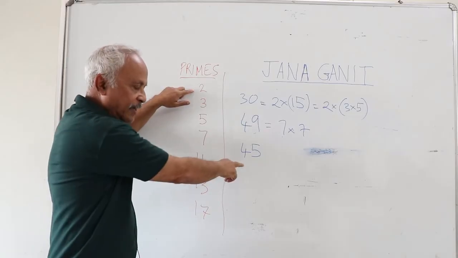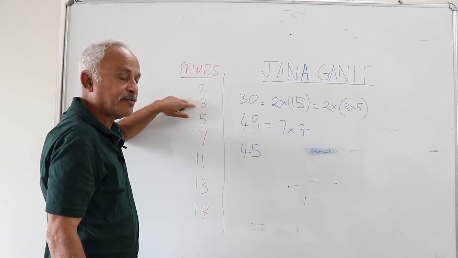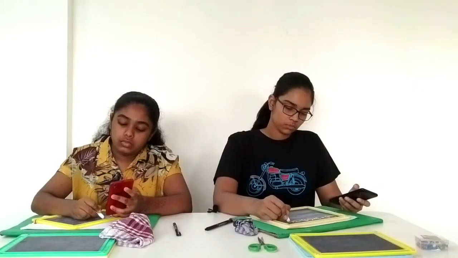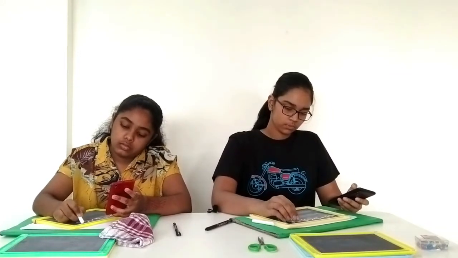Does 2 divide 45? No. So then you go to the next prime, 3. What do you get? 15. So how will you write 45 as 3 into 15?